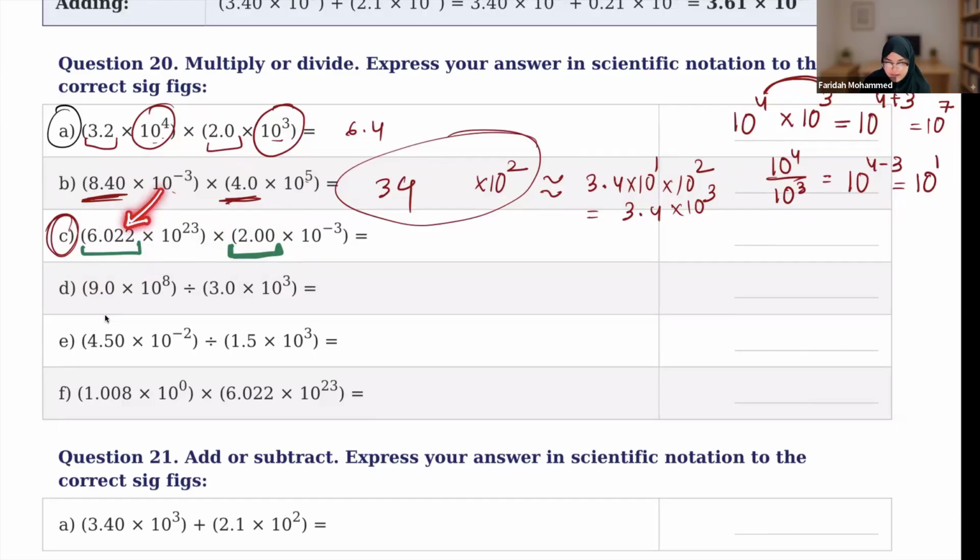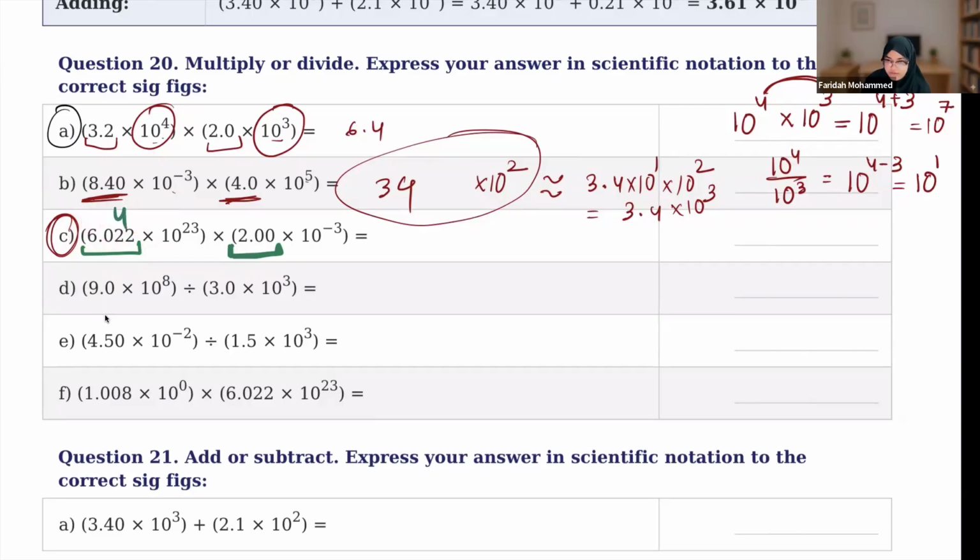You have been getting everything else. How many sig figs are in 6.022? The non-zeros are significant, right? What about the 0 in the middle? It has 4 significant figures. Okay, this one has 4 sig figs.